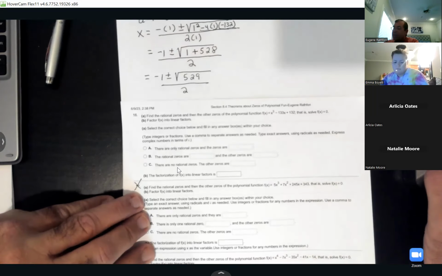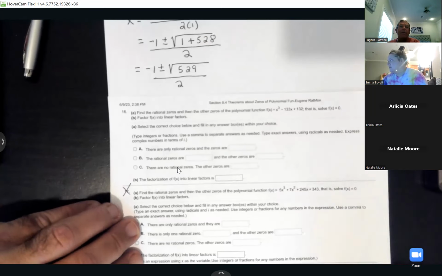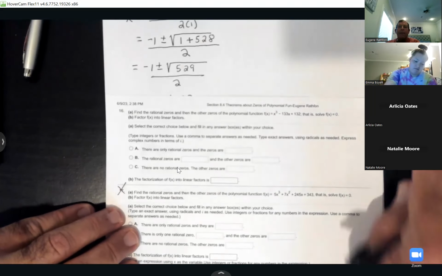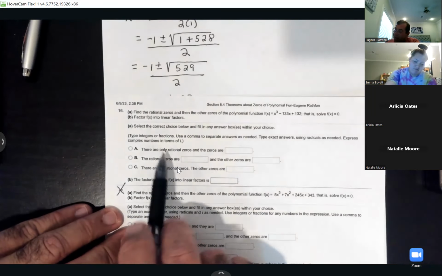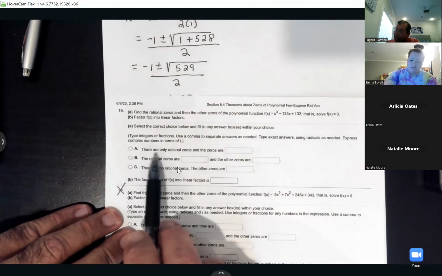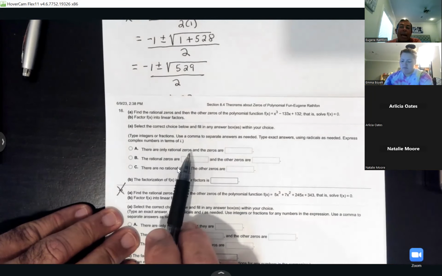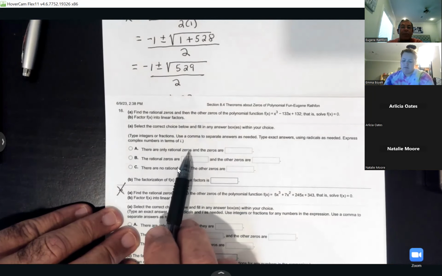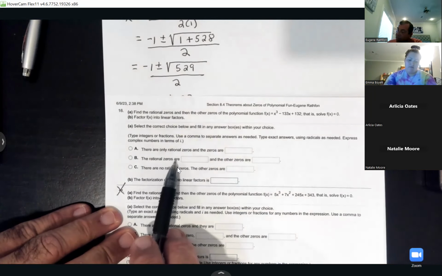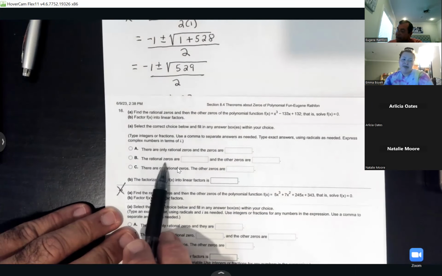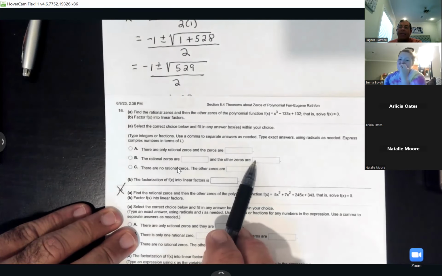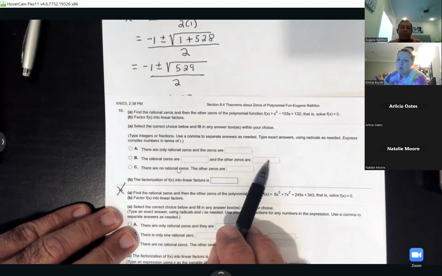I'm going to zoom this in just a little bit so y'all can see what I got here. So MATLAB will give you A, B, or C. It says there are only rational zeros, and that's what we had, only rational zeros, because we had 3 numbers. Choice B would have been if I had rational zeros and either imaginary or radical.